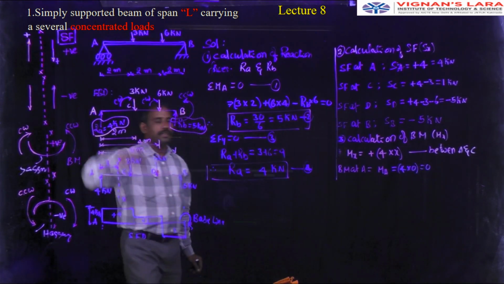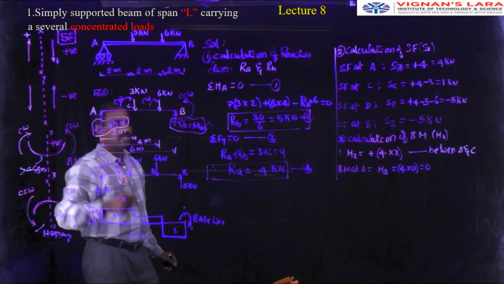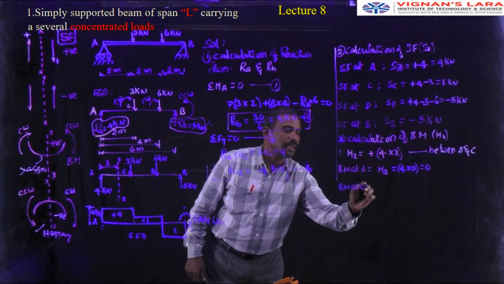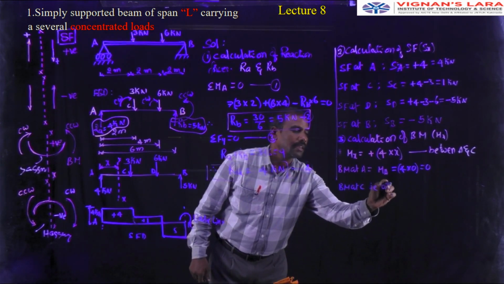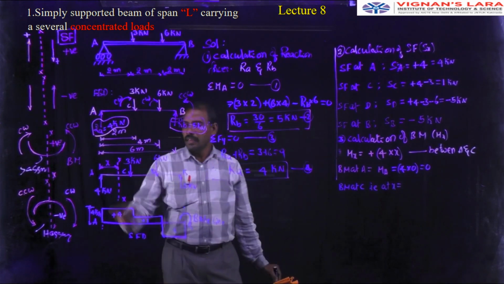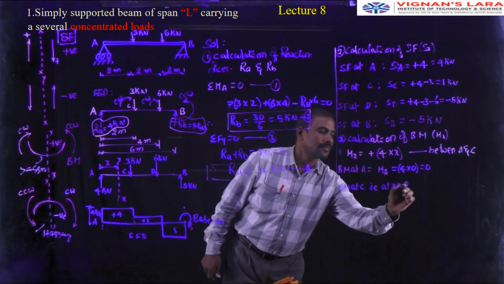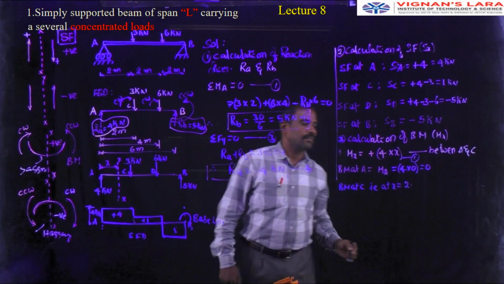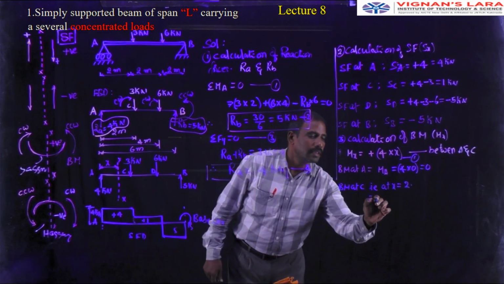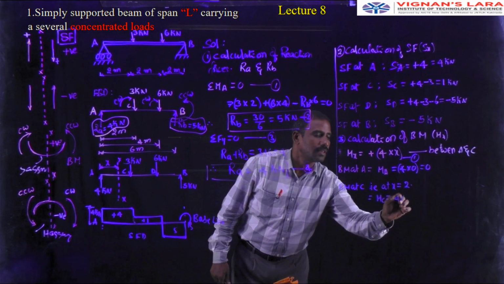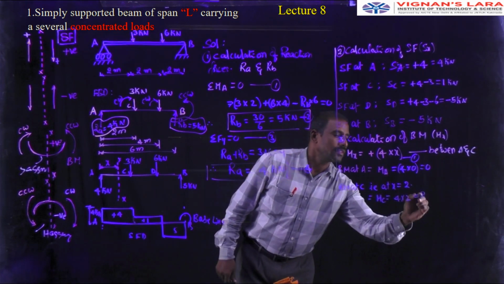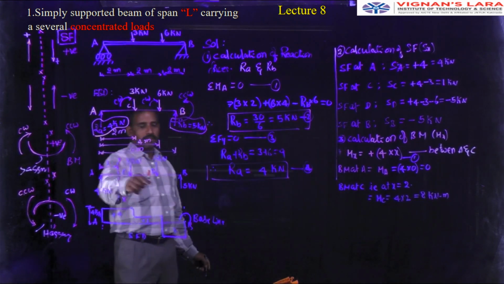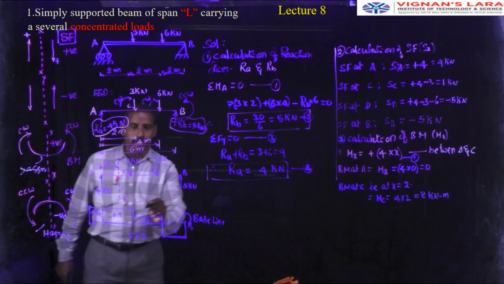Then I can calculate the bending moment at C also. BM at C, it means at x equal to 2 meters. Simply substitute the x value in equation number 1. So MC is equal to 4 into 2, that is equal to 8 kilonewton meter, that is again positive. Based on this value, you can draw the bending moment diagram.